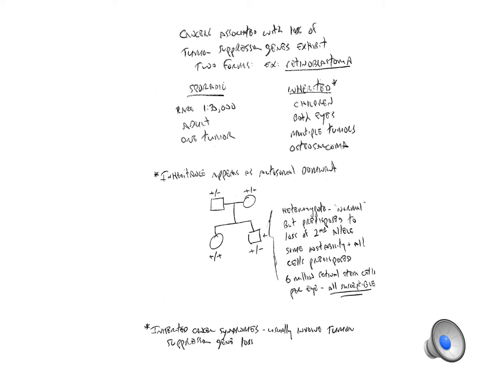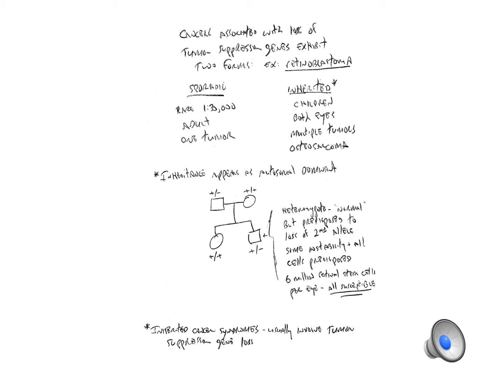And so what's showing here is that the male offspring is the one that inherited the mutant retinoblastoma gene. Now this is the child who will get tumors in both eyes, multiple tumors, and later on osteosarcoma, likely. The female is completely normal, and she will not show any symptoms.